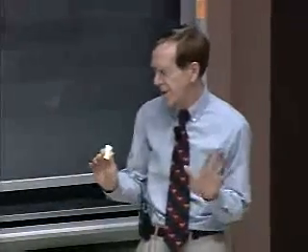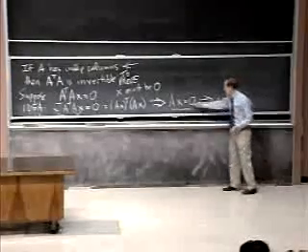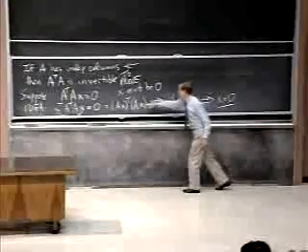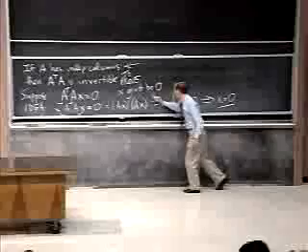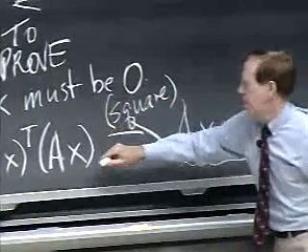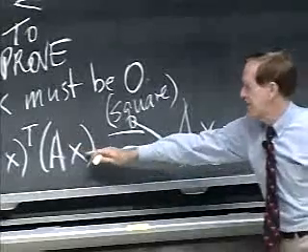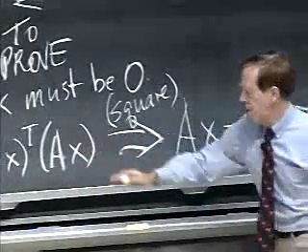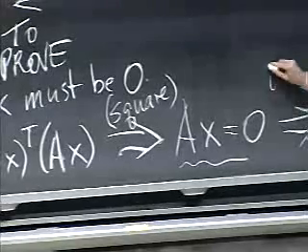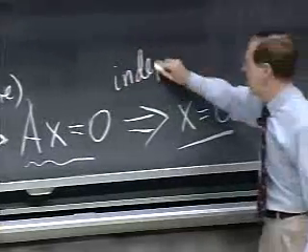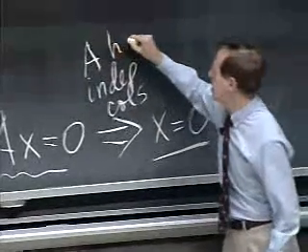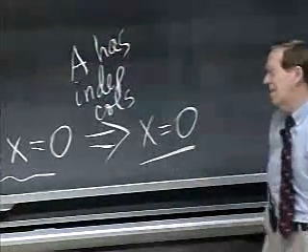Do you see why that is? If Ax equals 0, now we're using, here this was the square of something. So I'll put in little parentheses the observation we made. That was a square, which is 0, so the thing has to be 0. Now we're using the hypothesis that A has independent columns.